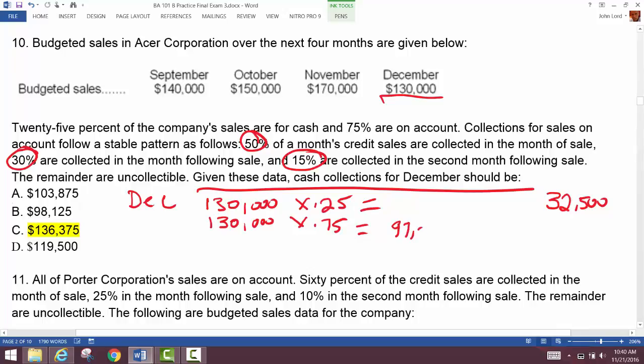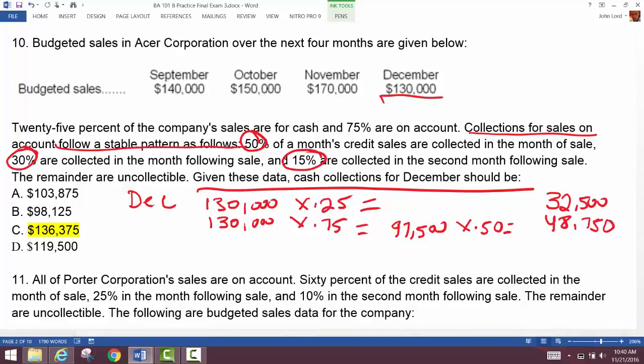That's our credit sales, and they tell us that we collect how much in the month of sale? We get 50% of that, don't we? So 97,500 times 50% is going to give me 48,750. Okay, good. We're going to get that in December, aren't we?